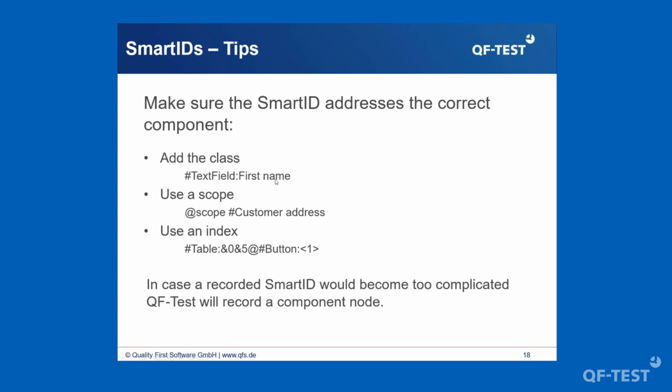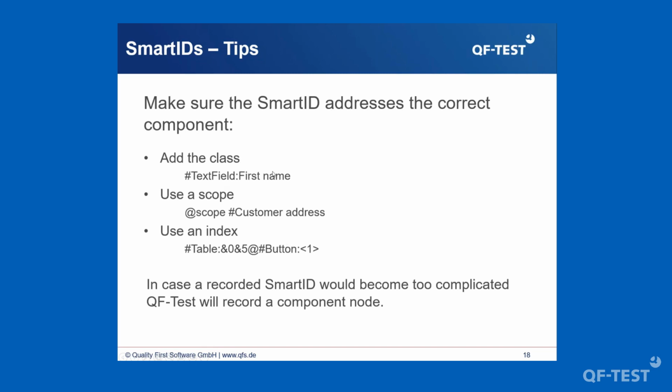Then you may have 3 first name fields, and yeah, then here you could either nest the SmartIDs or put the scope for customer address, and then within that sequence or procedure that has that scope, you can use first name, and that applies only to the customer's first name.